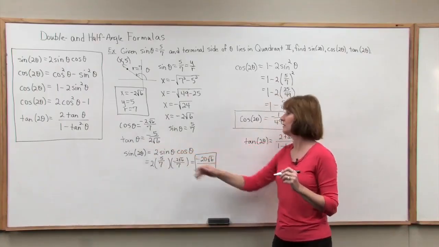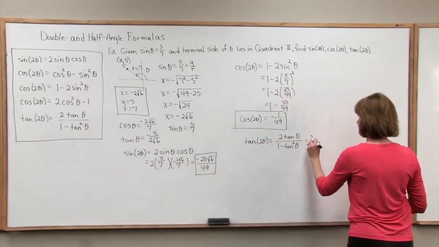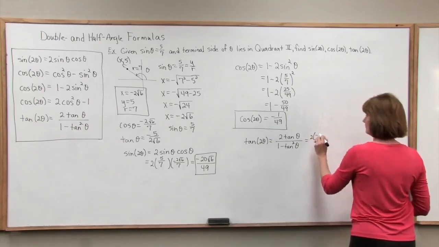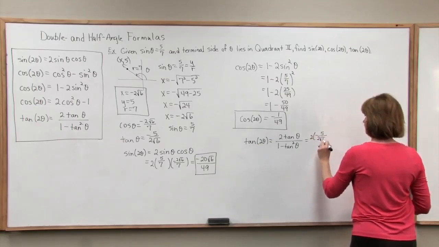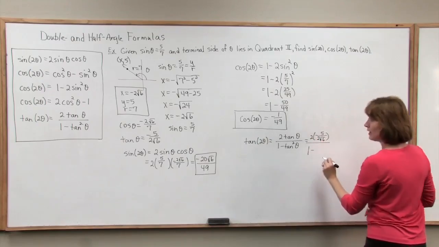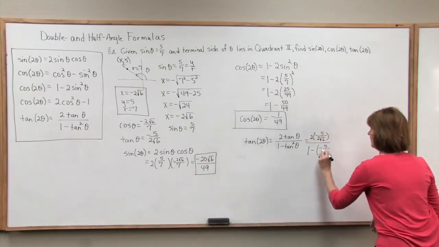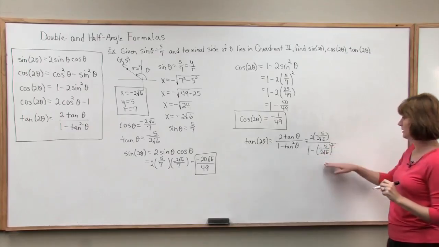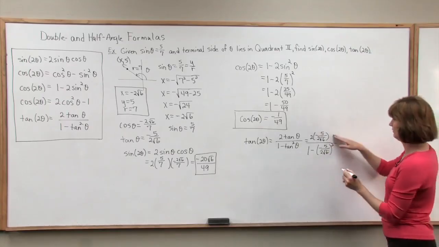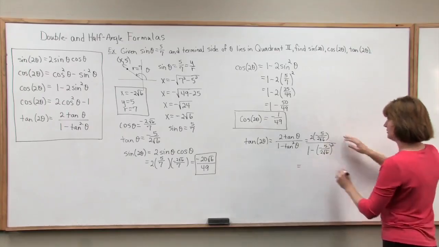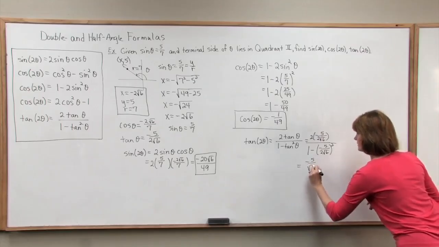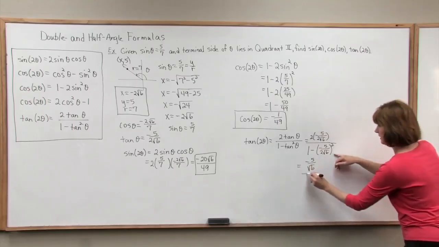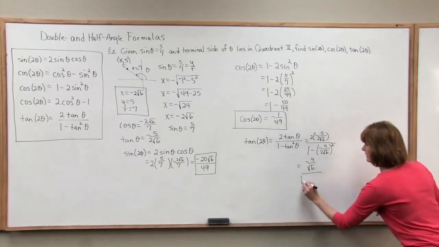Negative 5 over 2 square roots of 6, over 1 minus negative 5 over 2 square roots of 6, and then that's squared. Okay, so the first thing we need to do, we can reduce this to negative 5 over the square root of 6. And then we got to square this.